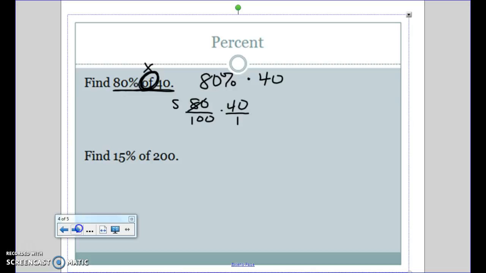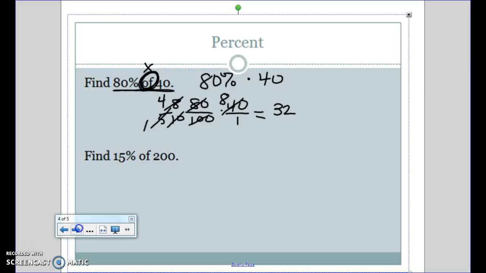And I can reduce. 10 goes into 80 8 times and into 100 10 times. 8 and 10 both share a 2 in common, and 5 and 40 both share a 5 in common. And so when I multiply straight across, 4 times 8 is 32, and 1 times 1 is 1. I'm not going to write that on the bottom. So I believe that 32 is 80% of 40.